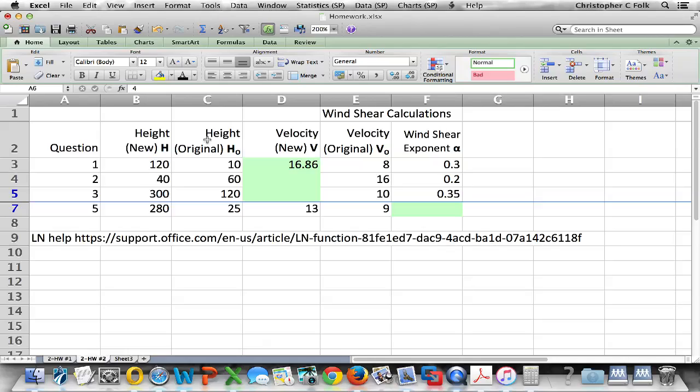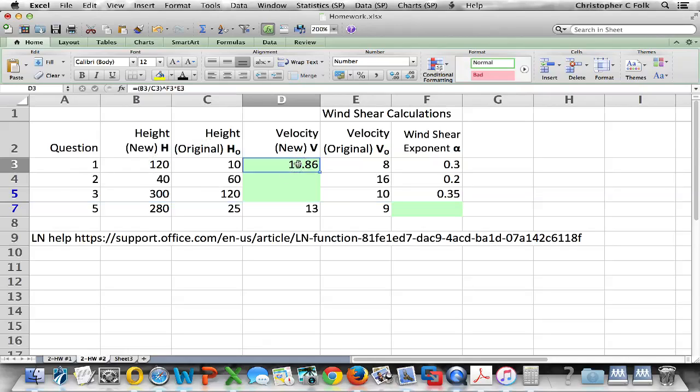So, same thing we looked at before. Here's my formula. In this case, I took B3. So it's going to be B3 right here divided by C3, and all of that is going to be raised. See the raised function? It's going to be raised to F3, the shear factor, times the original wind speed to give me the answer of 16.86.